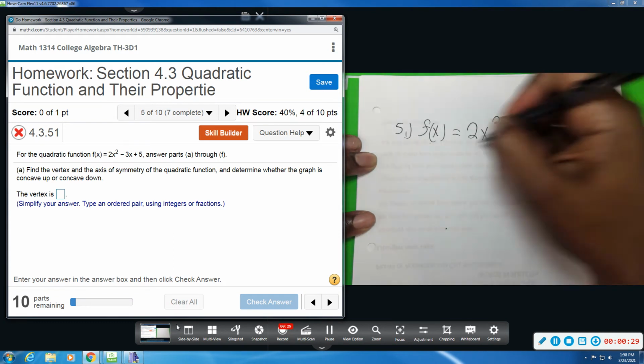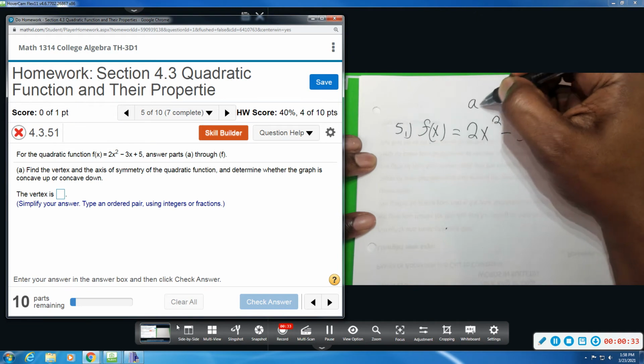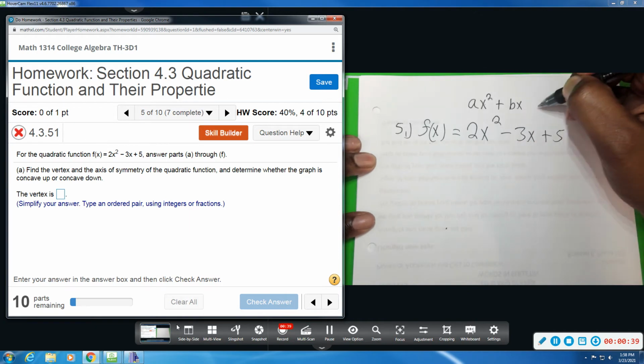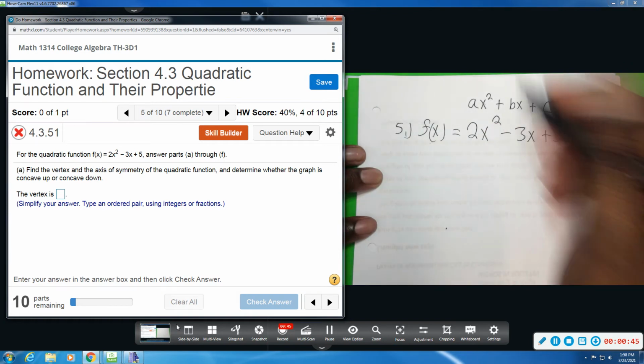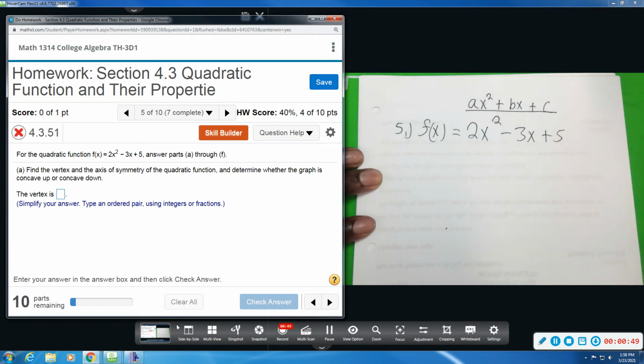Now, when you see standard form, you want to compare it to the generic ax squared plus bx plus c. This is what you want to compare this to. This is just the generic with the letters and variables plugged in.